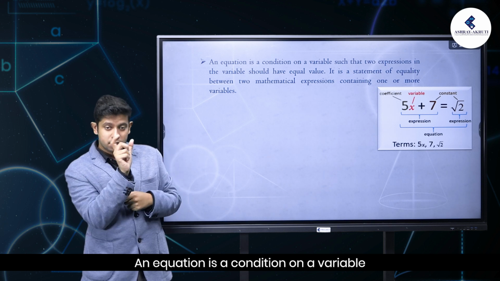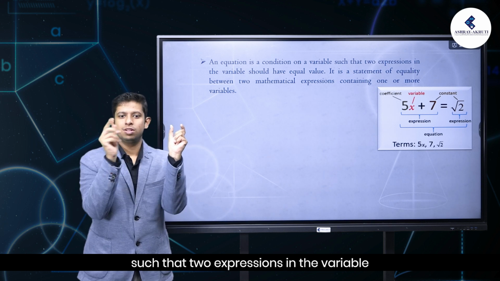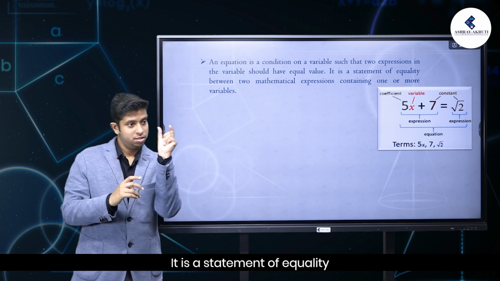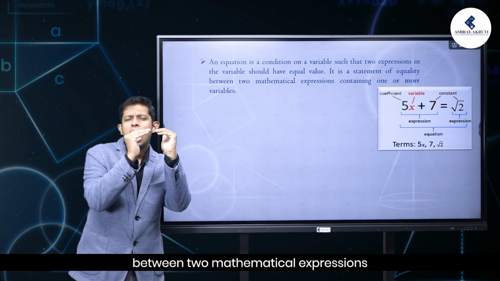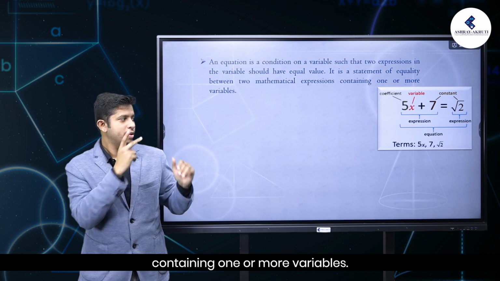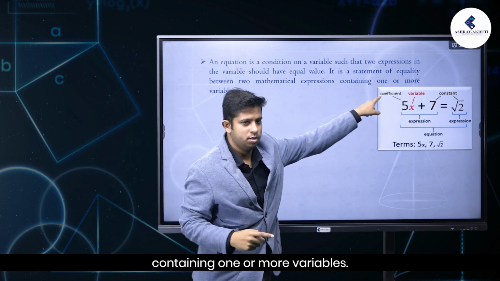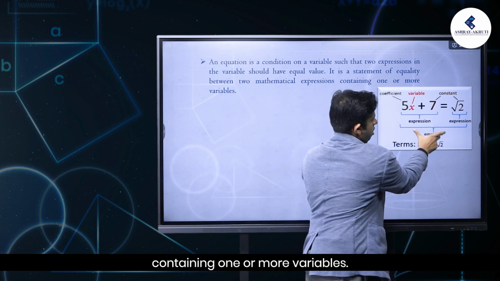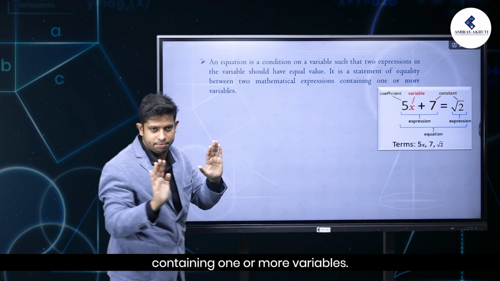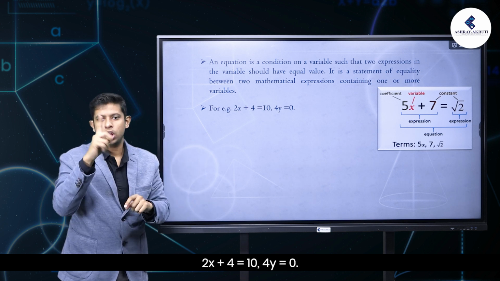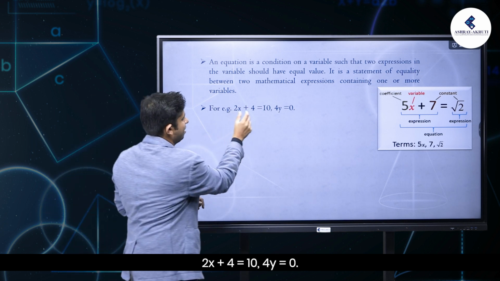An equation is a condition on a variable such that two expressions in the variable should have equal value. It is a statement of equality between two mathematical expressions containing one or more variables. For example, 2x plus 4 is equal to 10, 4y equals 0.